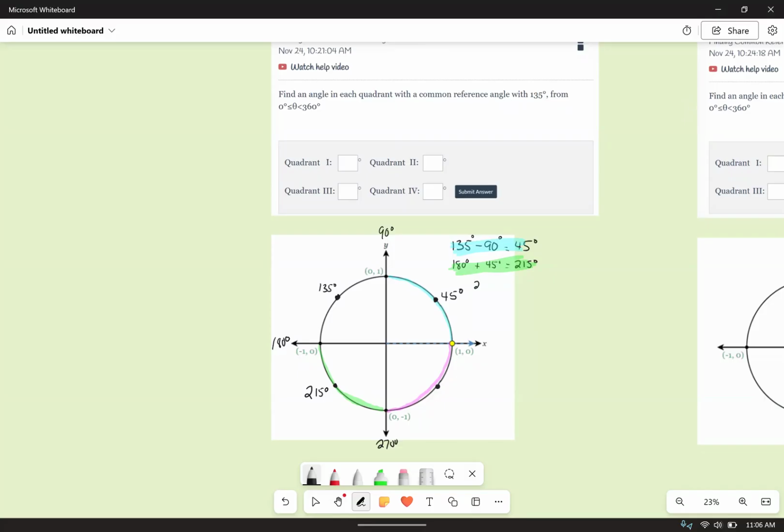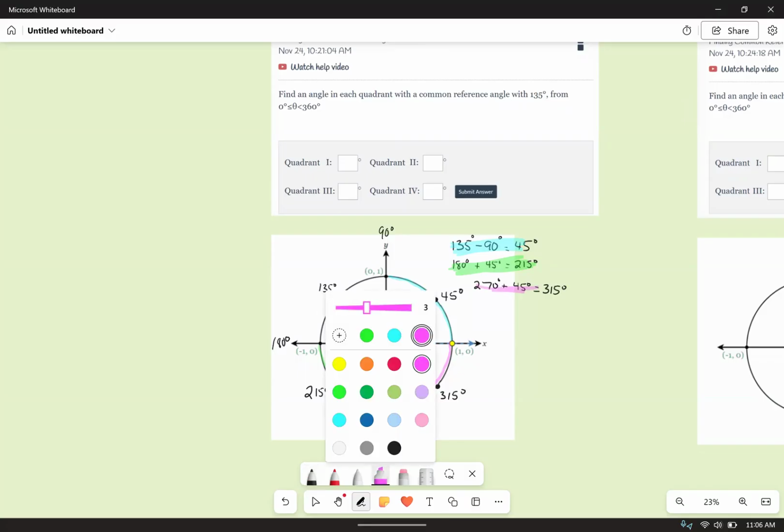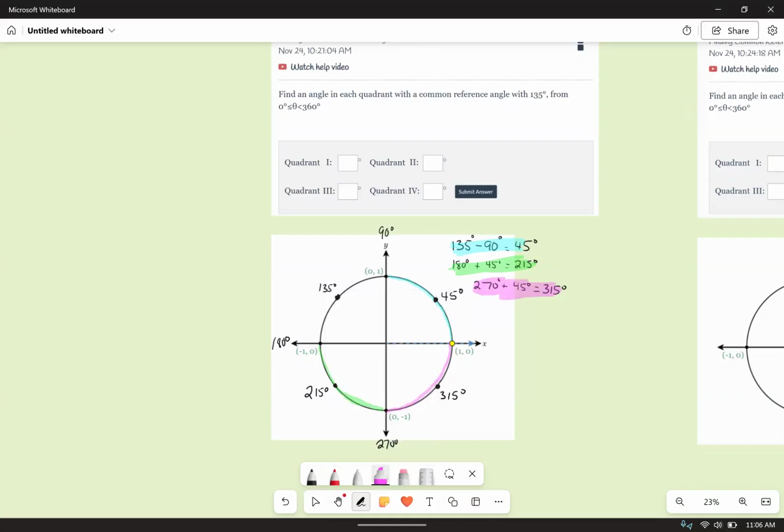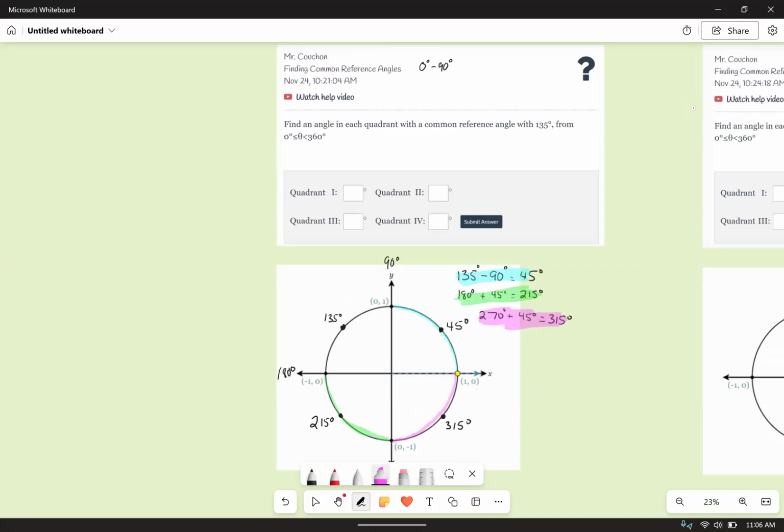So I'll do 270 plus 45 degrees, and that's going to be 315 degrees. So now we have our 4 quadrants. We have all four angles that have a common reference angle of 45 degrees, which is what we wanted for the problem.